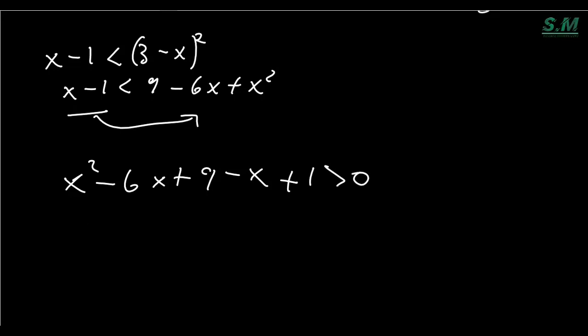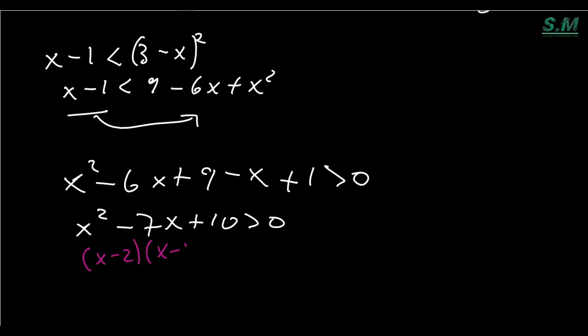So if we rearrange, we get x squared minus 7x plus 10 strictly positive. In order to solve this, we are going to use the method of factorization. We look for two numbers that multiply to give 10 and add to give negative 7, and clearly those two numbers are negative 5 and negative 2. So our inequality will simply be x minus 2 times x minus 5 strictly greater than 0.